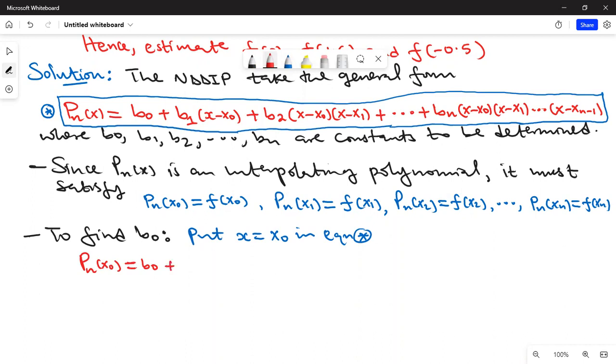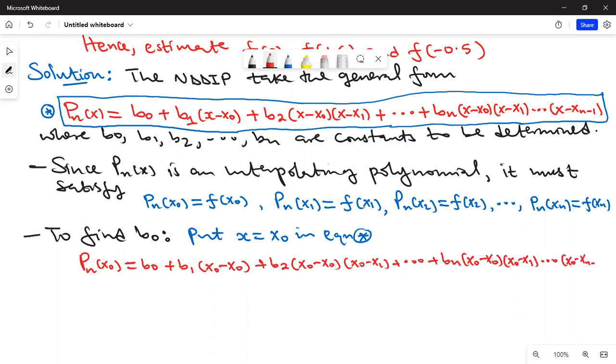Let me say just b1 into x0 minus x0, that is 0, plus b2 into x0 minus x0, x0 minus x1, then plus so many other terms, plus bn, x0 minus x0, x0 minus x1, times so many of them, x0 minus x(n minus 1).